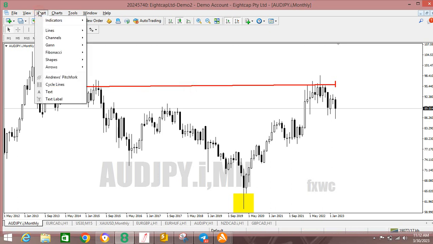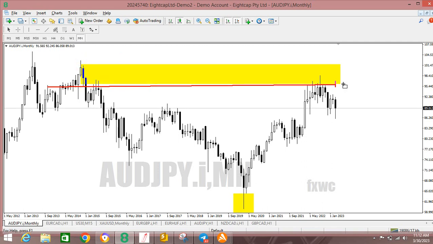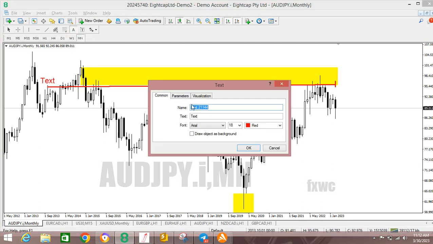So let me highlight this side. This is what happens. It's just a simple concept. I haven't done much already. You can have a clue what is happening on the AUD here. That's what happens. If you see here, it's just a simple Quasimodo. So let me just write Quasimodo.